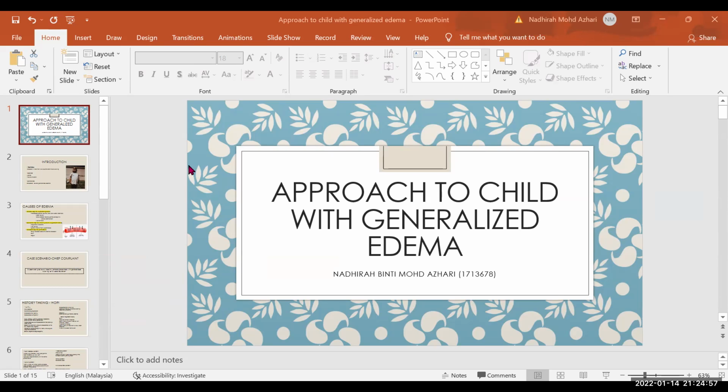Yes, you can give albumin, for example. But that is only temporary. You still need to settle the proteinuria. And how do you do that? By giving steroids and so on. Okay, clear. Understand? Right, fine. Okay, next.